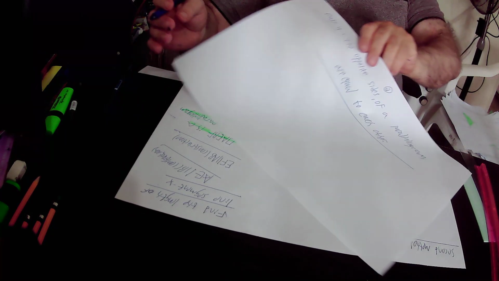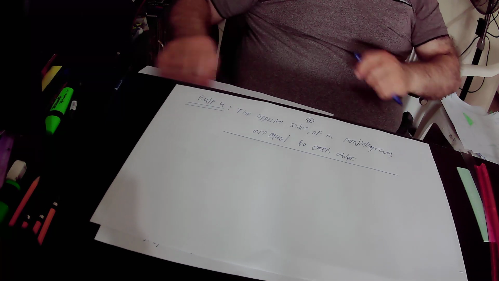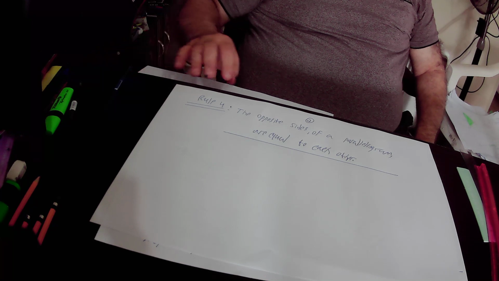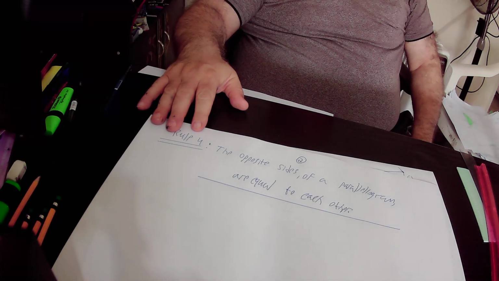I will read rule number 4 again. According to rule number 4, the opposite sides of a parallelogram are equal to each other.